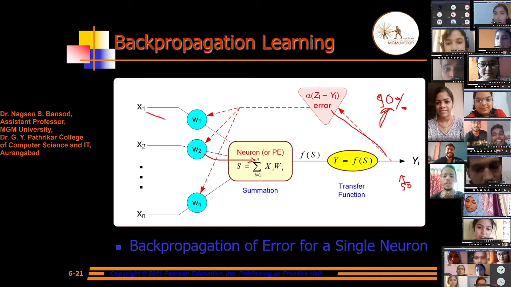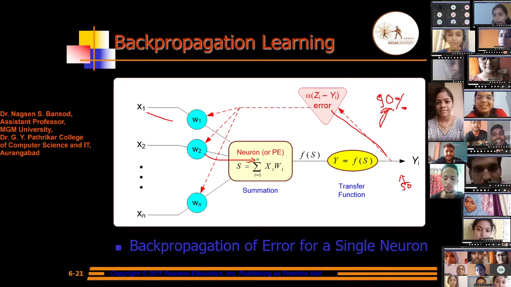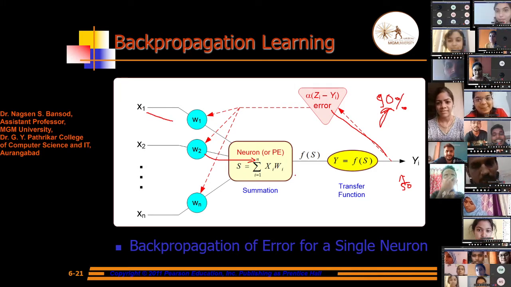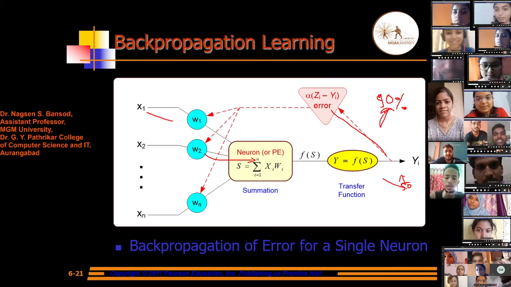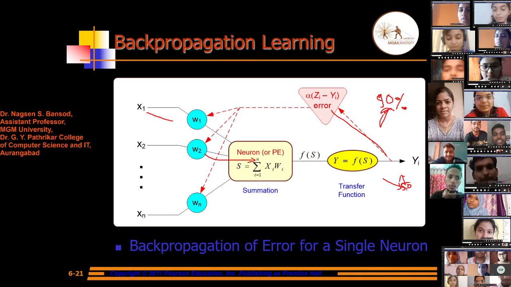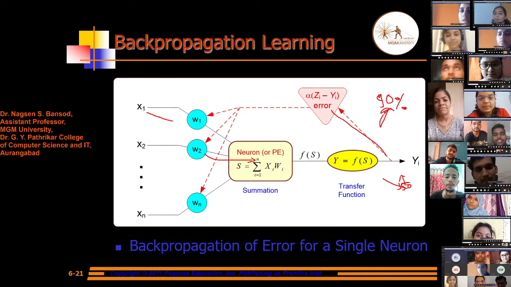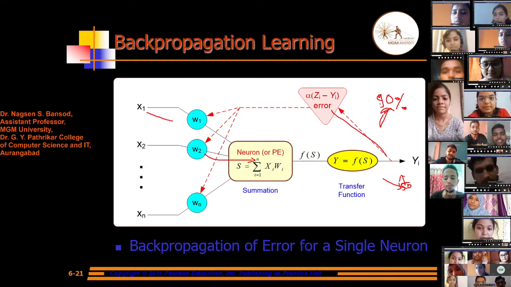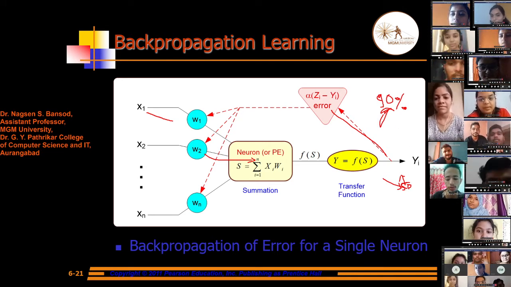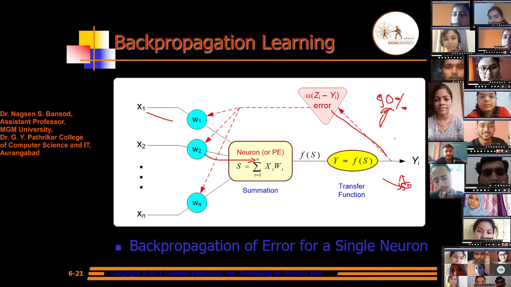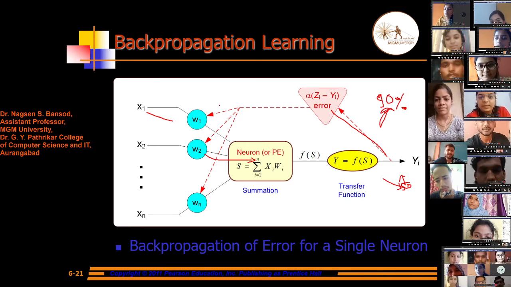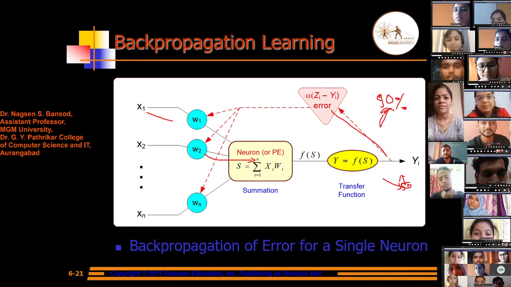Then compute x1 into w1 and make the summation of these and find the output. If the computed output is 50, then there is a huge error between 90 and 50. Subtract 50 from 90, and see what is the remaining value. To achieve this value, provide it as a weight.